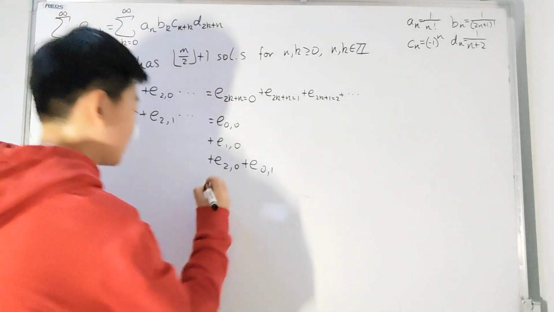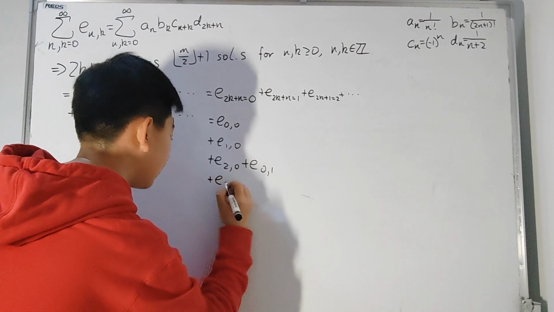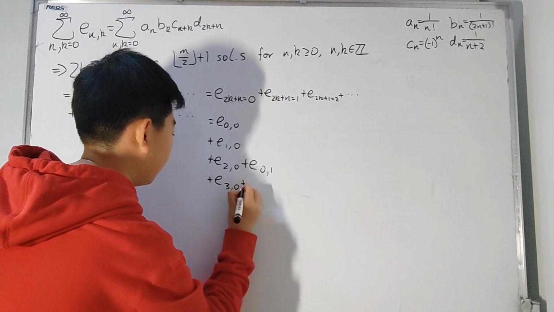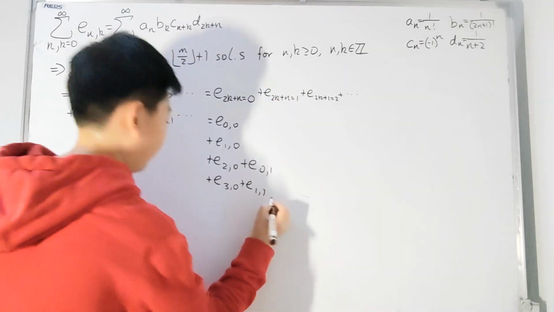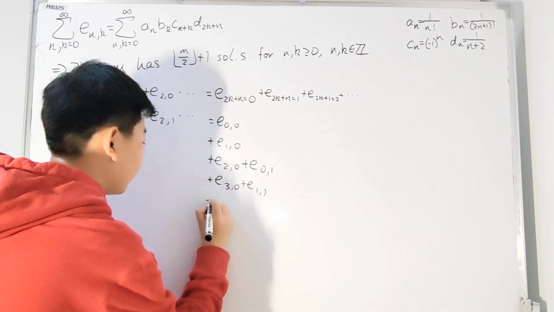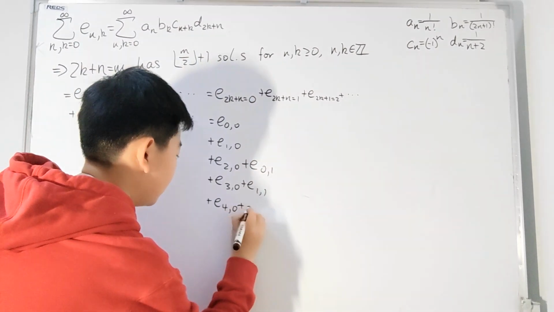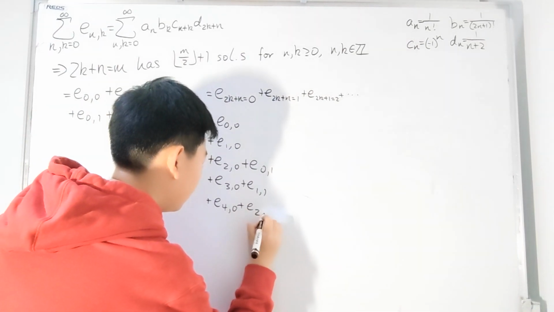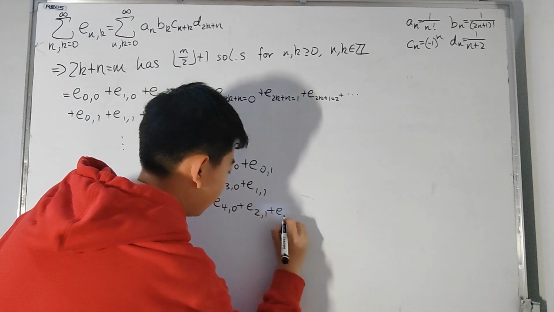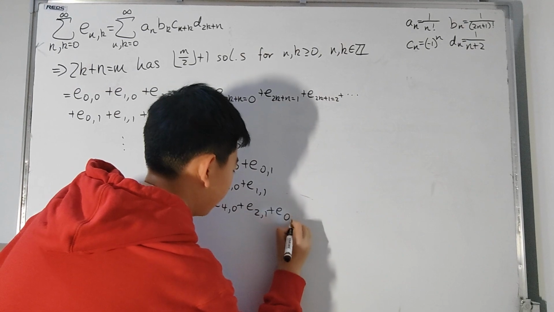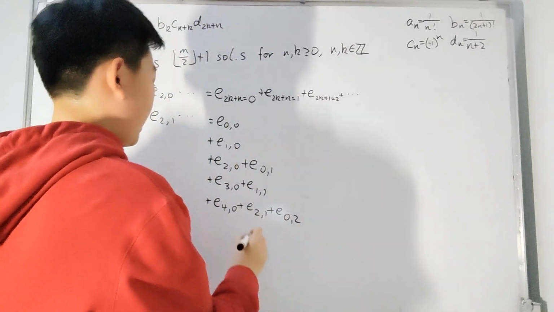Right? And then we can continue like this. So we can add e(3,0) plus e(1,1), and then that's it. And then we can add e(4,0) plus e(2,1) plus e(0,2). And we can go on like this.